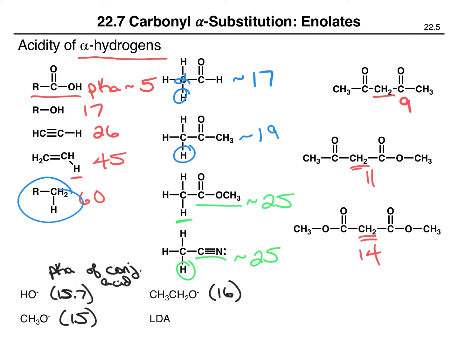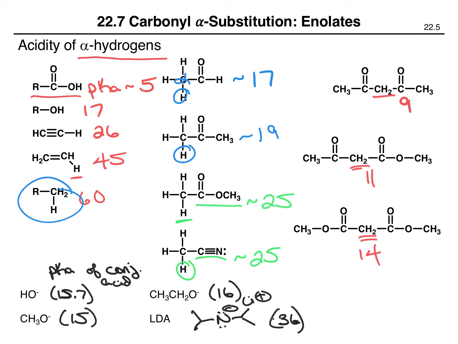LDA is lithium diisopropyl amide. So it looks like this with the lithium as the counter ion. The diisopropyl amine, its conjugate acid, has a pKa of 36. So it's helpful to keep in mind the strength of bases as we think about the acidity of particular acids.